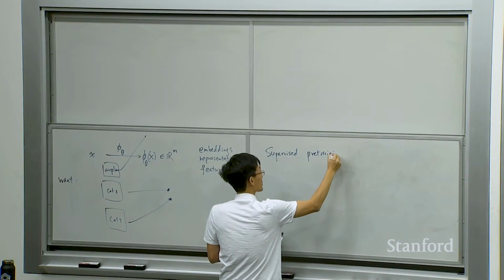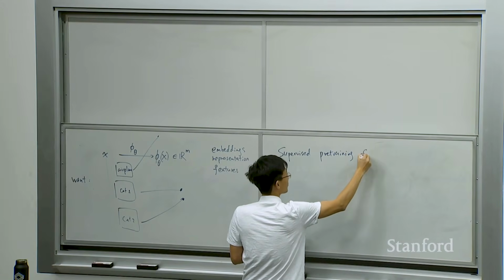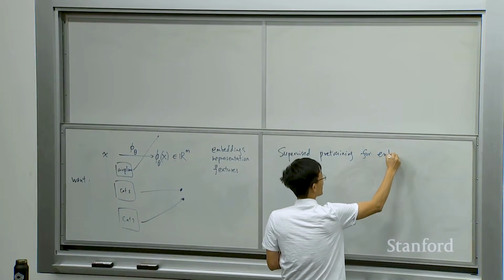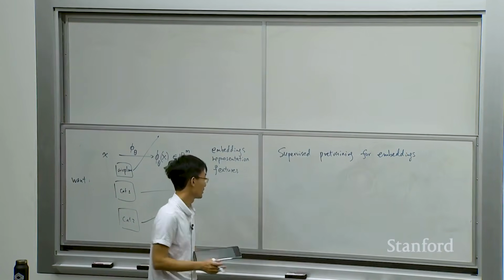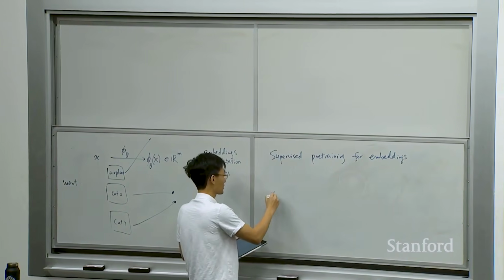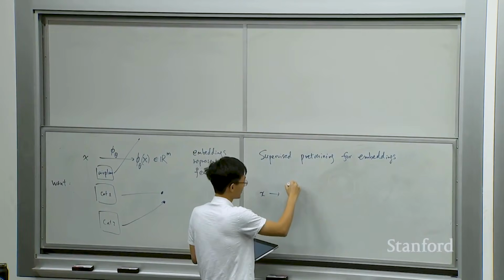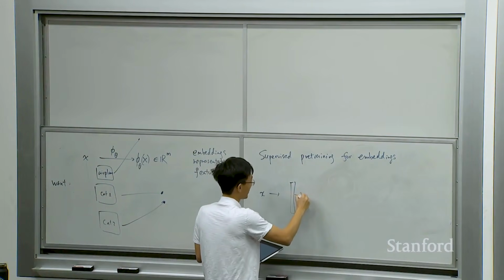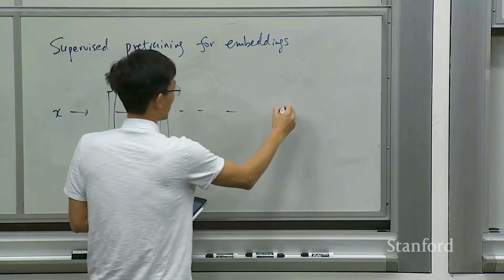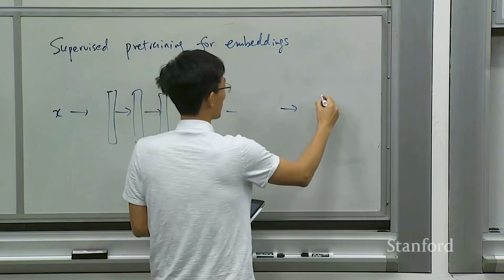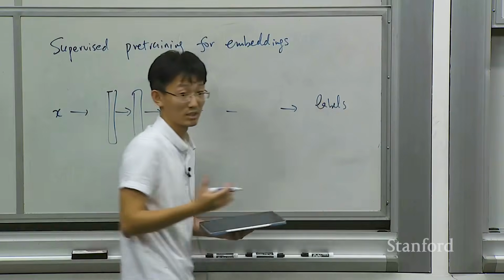So you can use supervised pre-training for representations, for embeddings. And the idea is very, very simple. You just use a neural network. Suppose you have a gigantic neural network with many, many layers, and you use this to predict some labels. You have a supervised classification task.